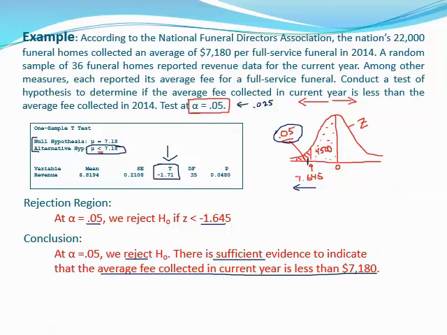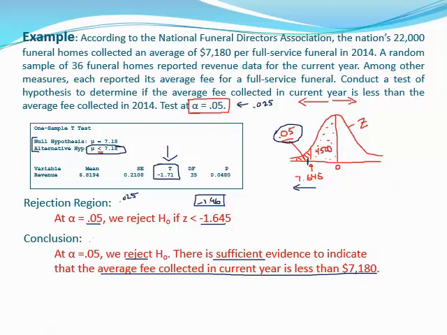Now, the reason I'm bringing this up, if we used a 0.025, and this was a negative 1.96, what would happen to your conclusion? Is a negative 1.71 further out than this number? It wouldn't be, right? 1.71 falls between those two numbers. It is further out than the 1.645, but it's not further out than the 1.96.